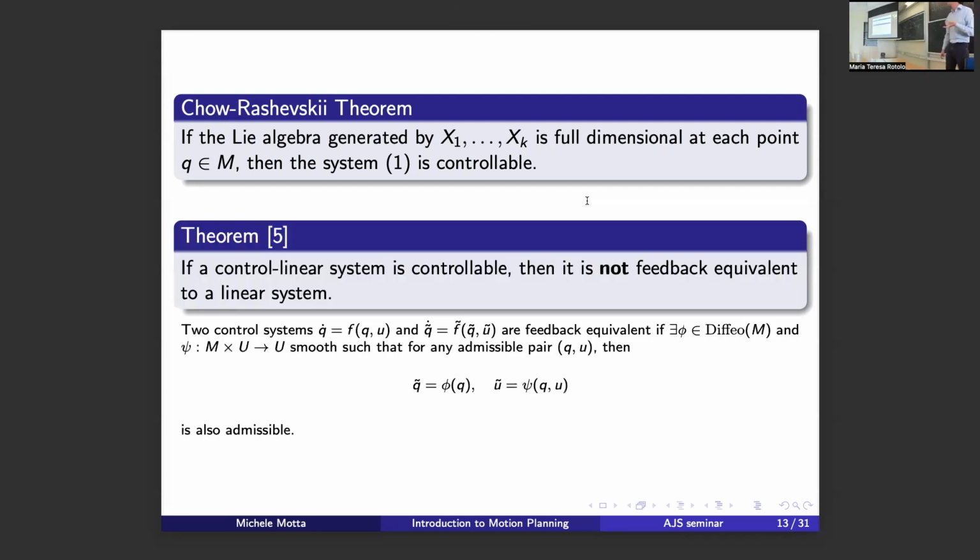The answer is that they are really different models, and this can be formalized by saying that if a control linear system is controllable, then it's never feedback equivalent to a linear system. Feedback equivalence means that you cannot transform one dynamical system into the second one, basically.